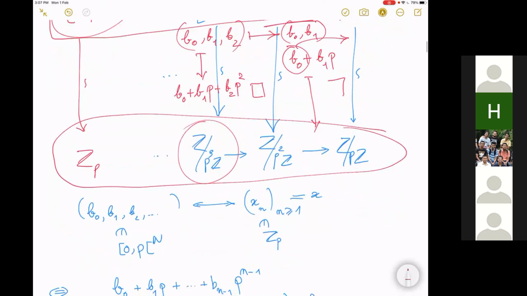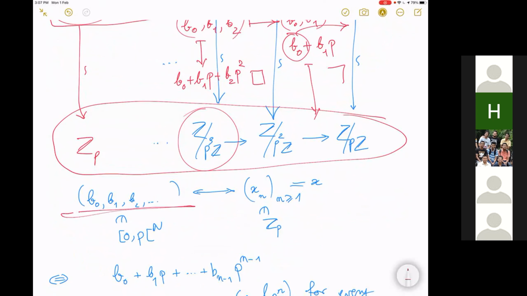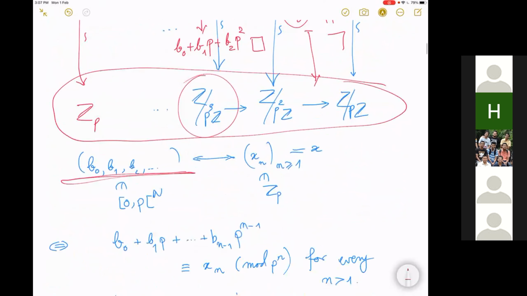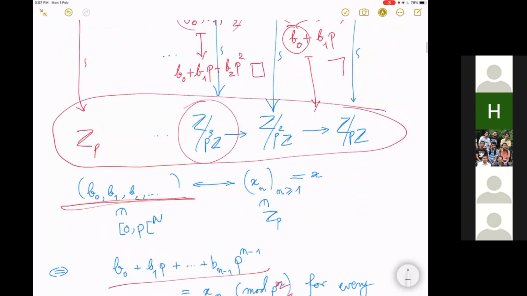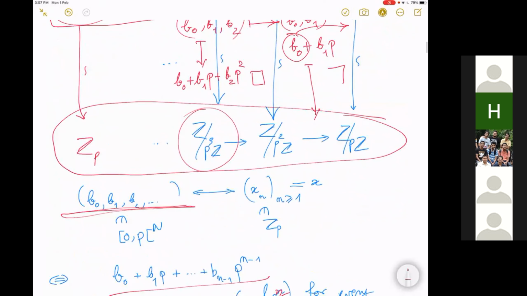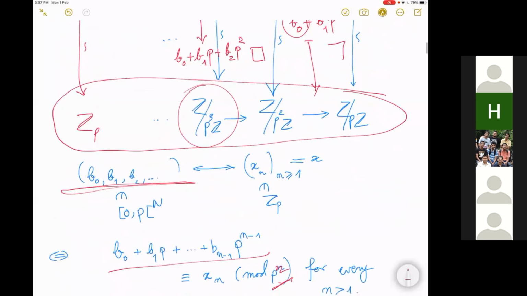And this bijection is such that the p-adic expansion B0, B1, B2, etc. is taken to the element xn, where xn is the image of this in modulo p to the n. So that's exactly what we were saying here.